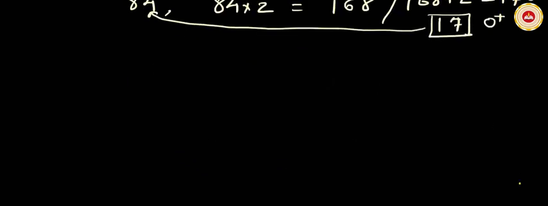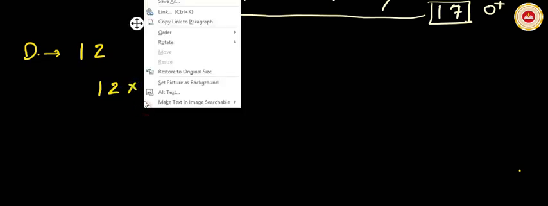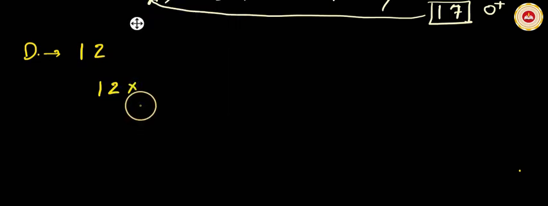Correct? Next example, if number is 12, this is divisor. If divisor is 12 or such a number which contains 2 in the units place, same rule. See, convert this 12 into such a number which contains 8 in its units place.